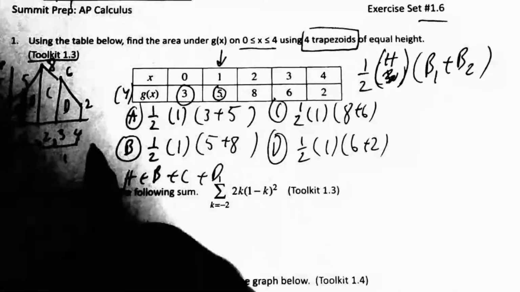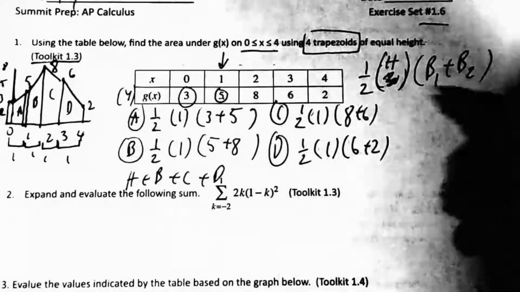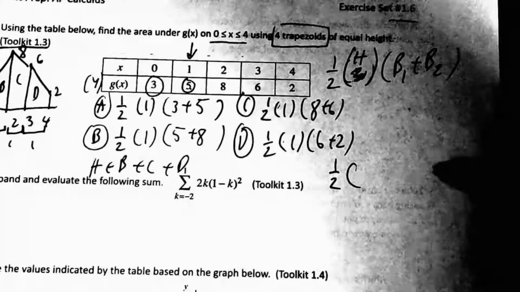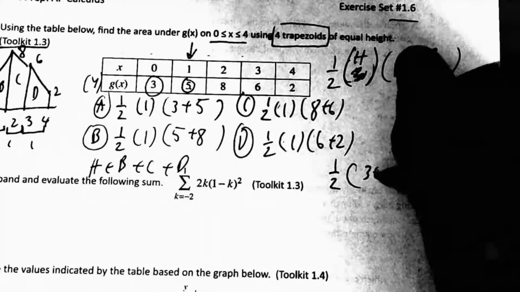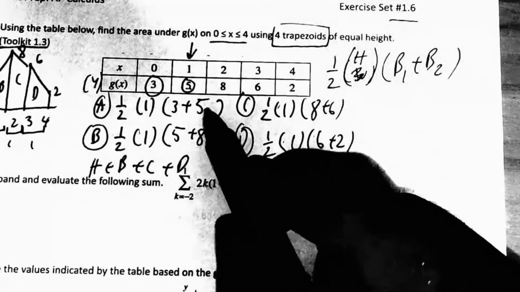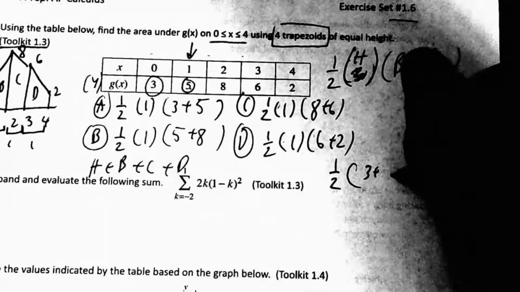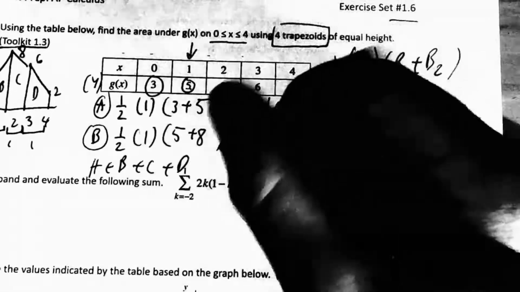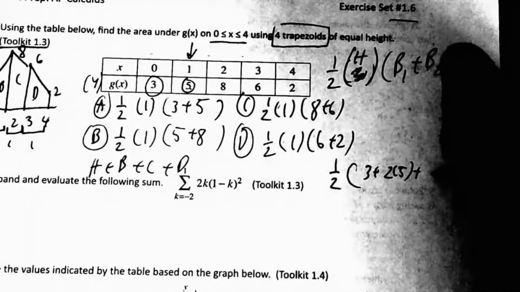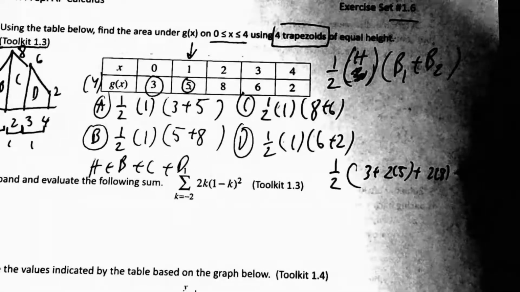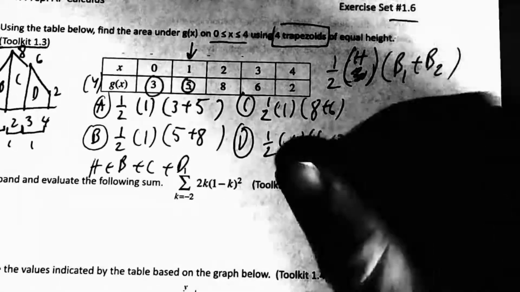But really, since they all have 1/2, I can put that 1/2 out front, and then add up 3 plus, see how I have 2 5s here, so I can do 3 plus 2 times 5 plus 2 times 8 plus 2 times 6 plus the 2.